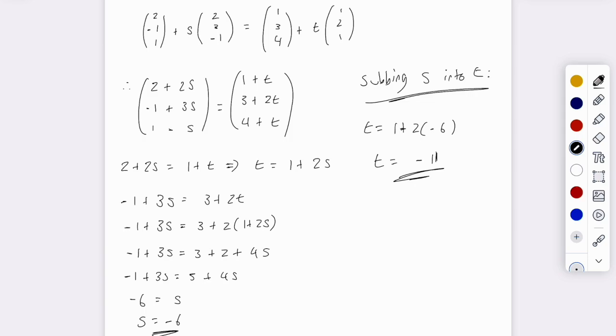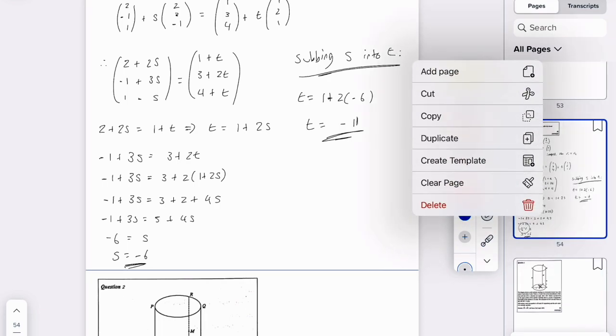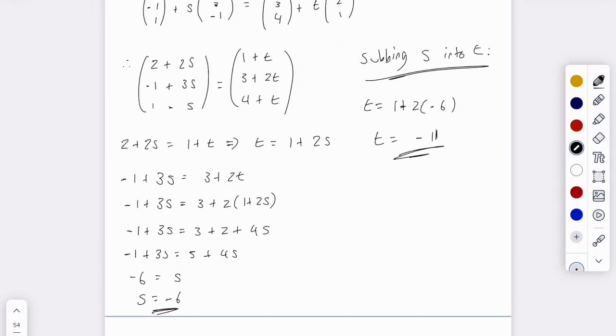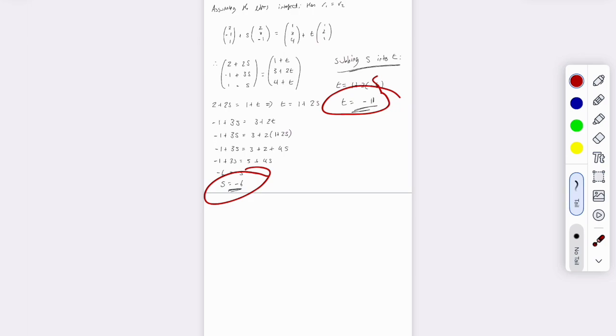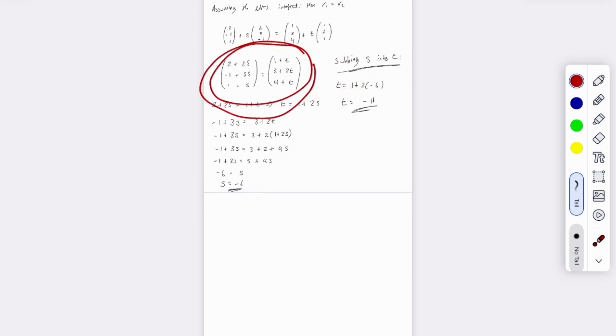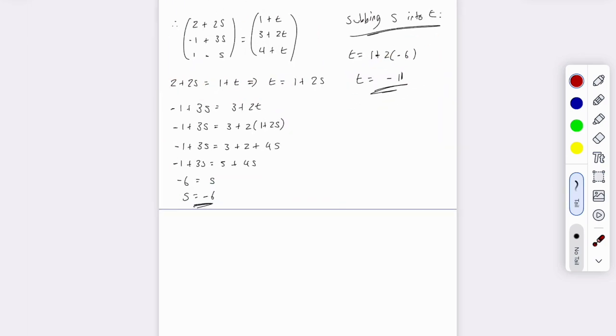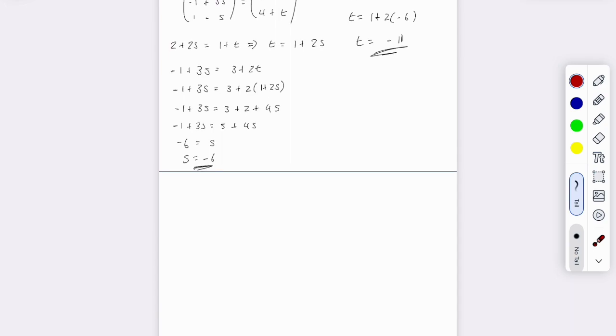So we don't stop here. We have to continue with a rigorous proof here, guys. If these are true, we're going to have to plug them in to see if the position vector is going to be the same.